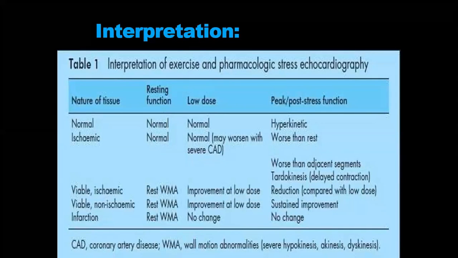And interpretation: in normal people, the response of the myocardium to dobutamine is hyperkinetic movement. In ischemic myocardium, resting function may be normal. In low-dose dobutamine it may be normal, but at peak stress it may be abnormal.